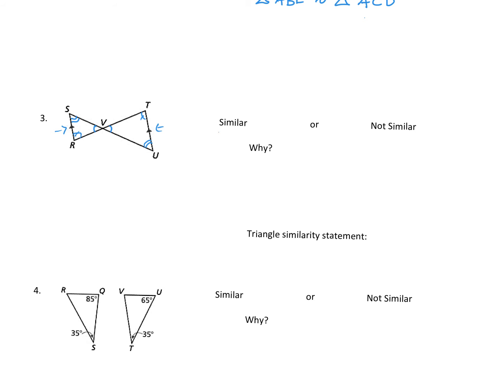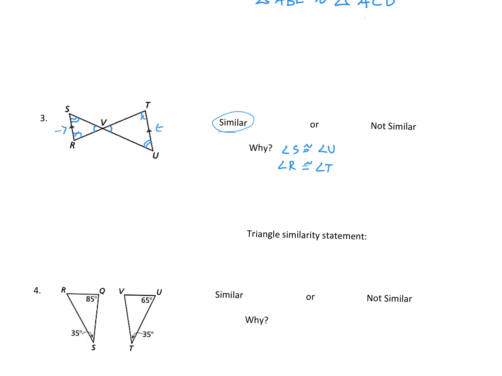So they are similar because angle S is congruent to angle U. And I'm going to use R and T. Angle R is congruent to angle T. We only need 2, so we are done. So any 2 of those would have been fine.